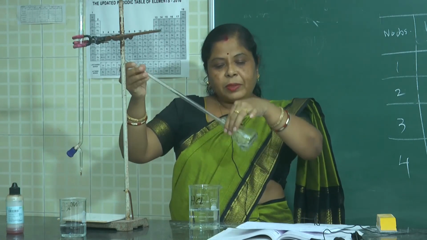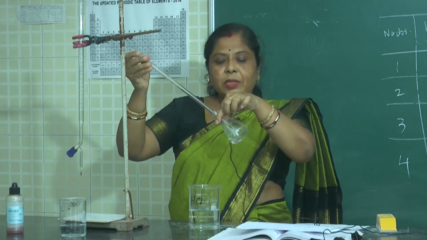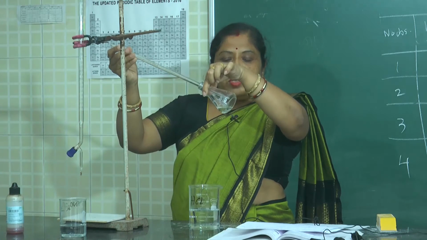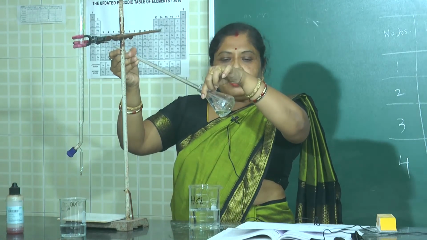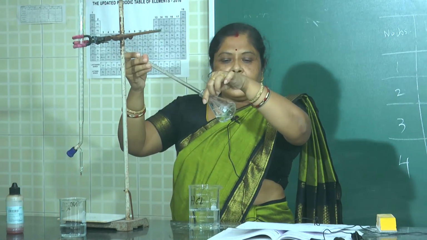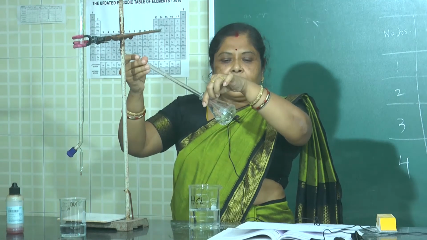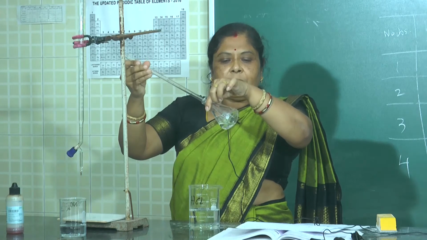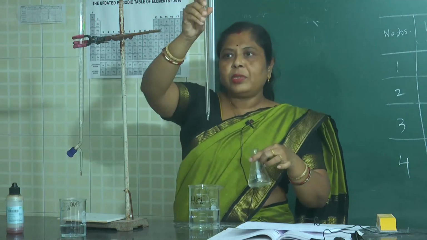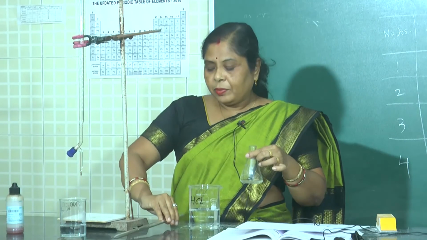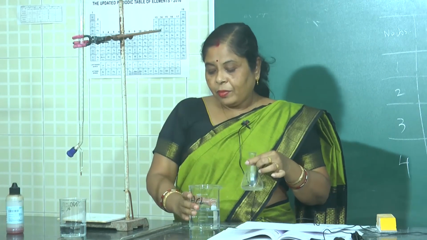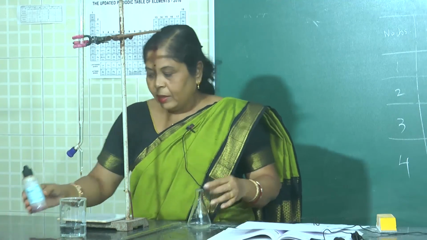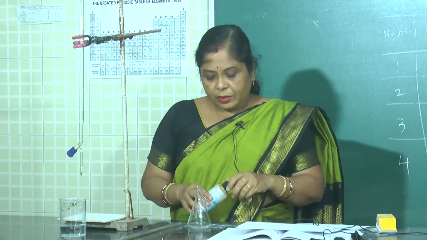After the solution is transferred, you see a little amount of solution at the tip of the pipette, which you have to drain by tapping the tip twice or thrice into the conical flask. Now you see there is no more solution in the pipette. Now we are going to add the methyl orange indicator.